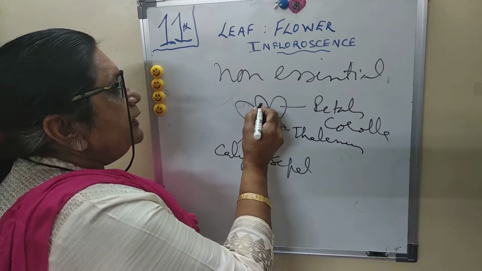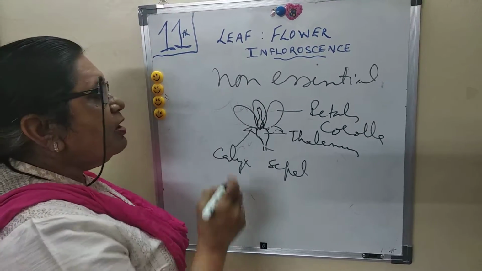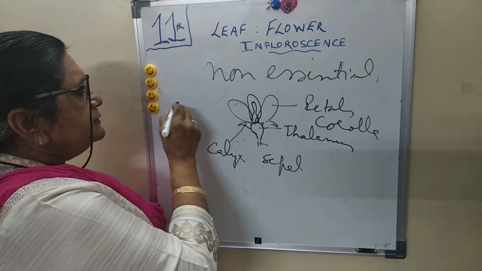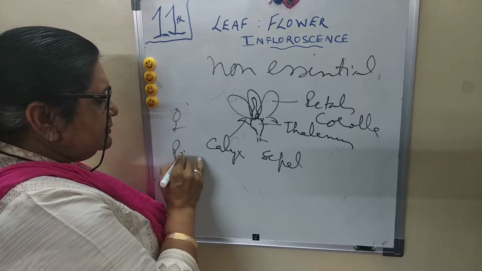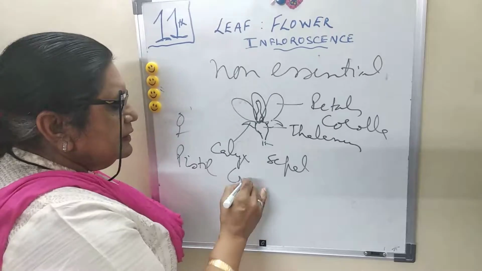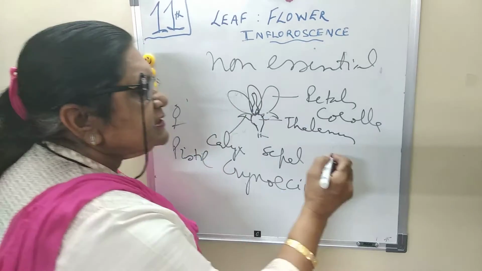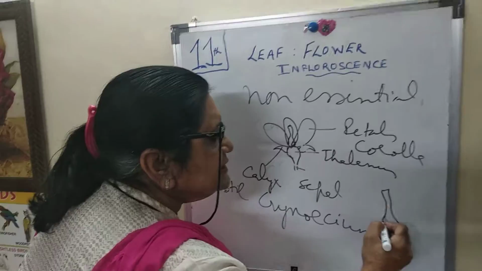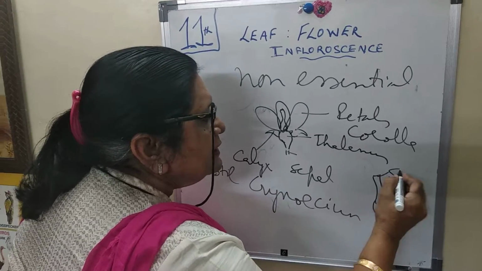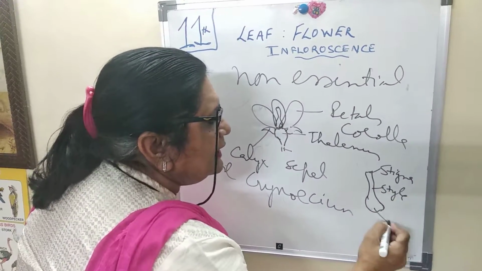Now, in the center, there is the gynoecium or female part, also called pistil, which consists of structures we will discuss in detail in 12th class. Here only the morphology: stigma, style and ovary.